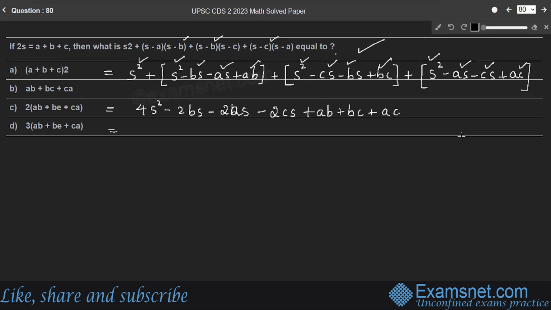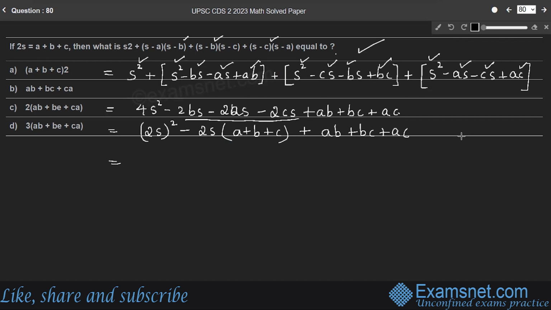So here 4s square can be written as 2s the whole square. Minus 2s is common in these three terms, we have a plus b plus c, plus ab plus bc plus ac.